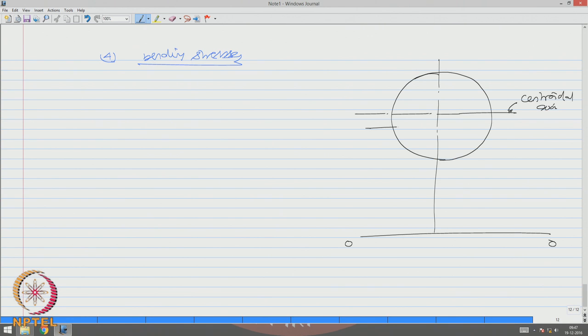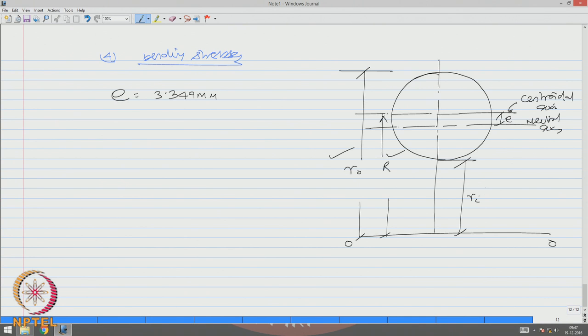This is my neutral axis. This distance is e, and e is 3.349 millimeter, and this distance is R intradas, and this distance is R extradas, and this distance is R, which are all known to us.